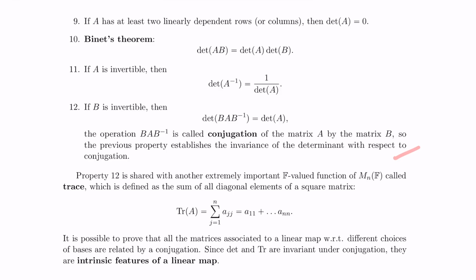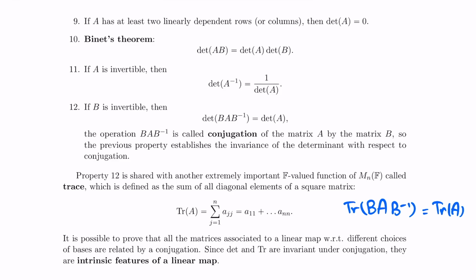We have finished the discussion of the properties of the determinant. However, property 12 gives me the opportunity to introduce another extremely important function defined on matrices. Suppose that A is a square matrix of dimension n, then its trace is the sum of all the diagonal elements of A, that is, A11 plus A22, etc., Ann.